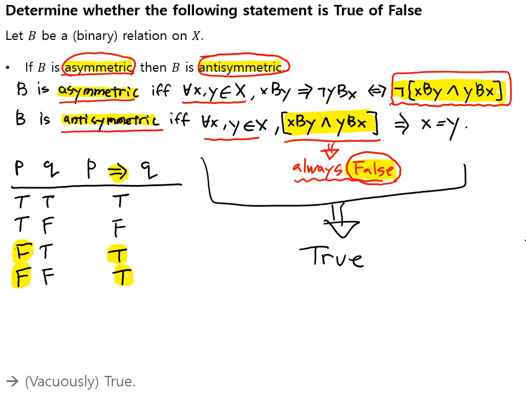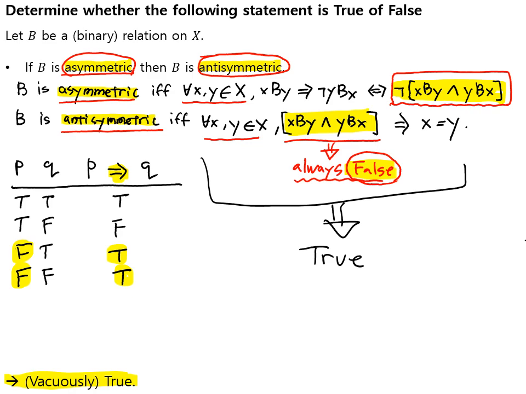So the answer is that it is true, but it is true in an empty sense. It is true because the antecedent of anti-symmetry, when the binary relation is asymmetric, is always false.